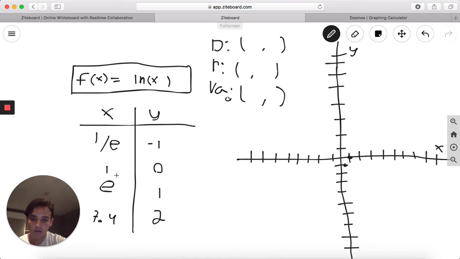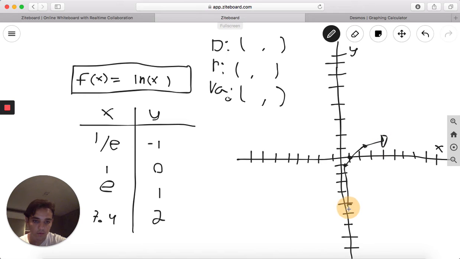Then when x equals e, so right there, y equals 1, around there. This is too far away, but basically the way it goes, it's like this.